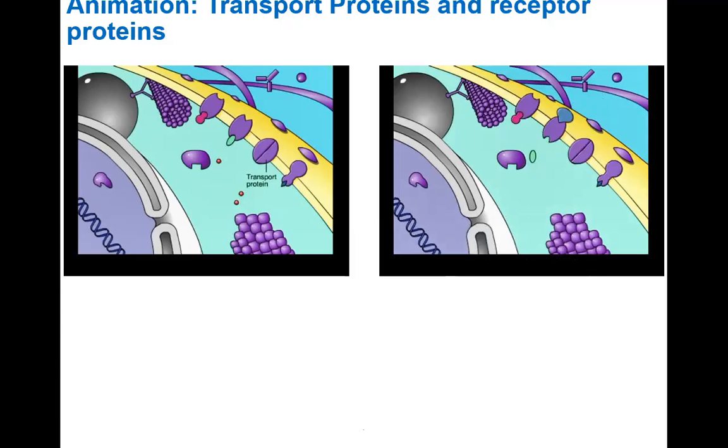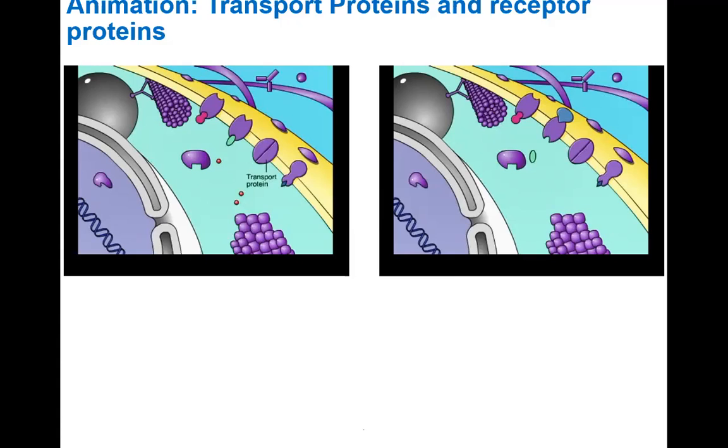So what we have here, remember, the cell is very selective as to what comes into it and out of it. And some very large molecules are too big to even get through a carrier protein or a channel protein. They're just huge. And so they will land on a cell on what's called a receptor site for that chemical. That large molecule will land on a receptor site.